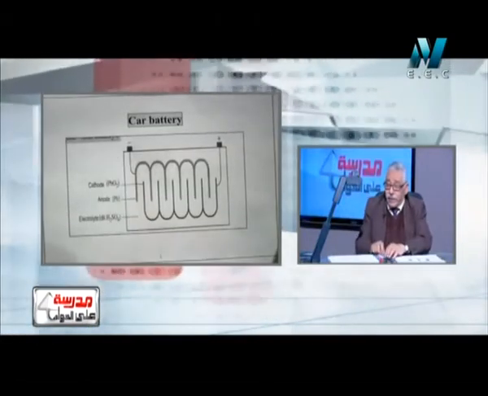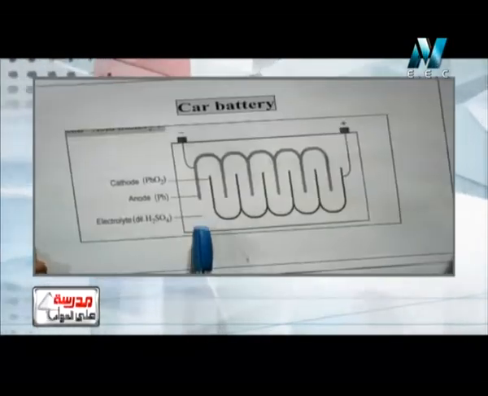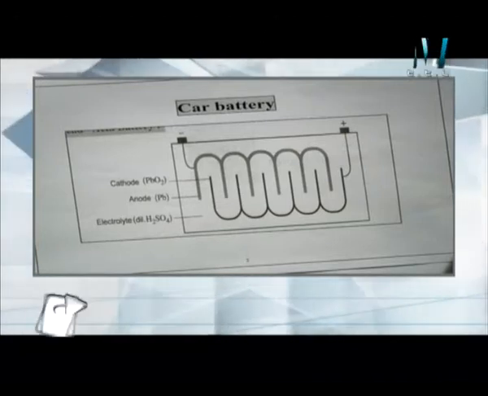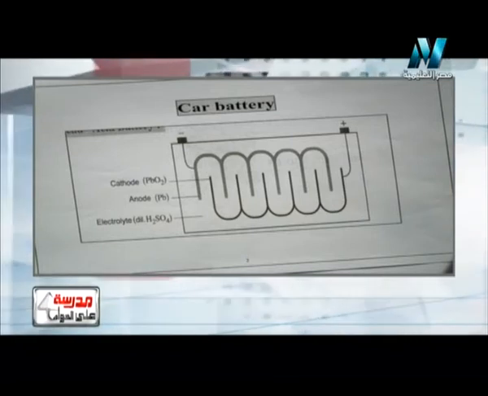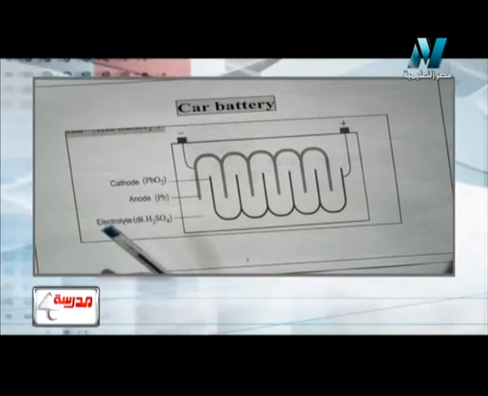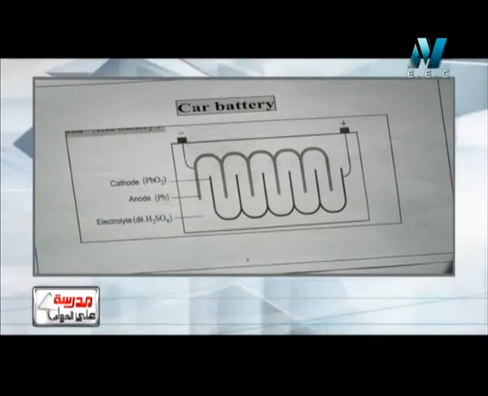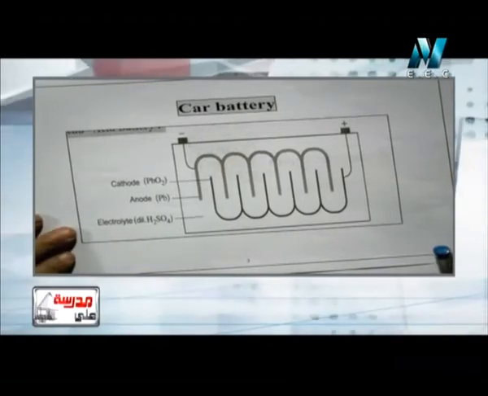This is put in the container. This container has sulfuric acid as electrolyte. The concentration of sulfuric acid is from 1.28 up to 1.30 gram per cubic centimeter. If the concentration of the acid decreases to less than 1.2, the battery must be recharged.